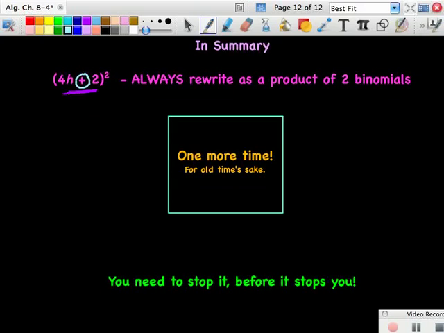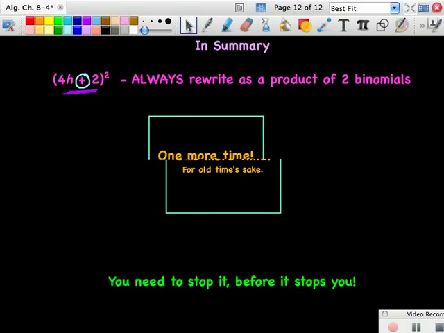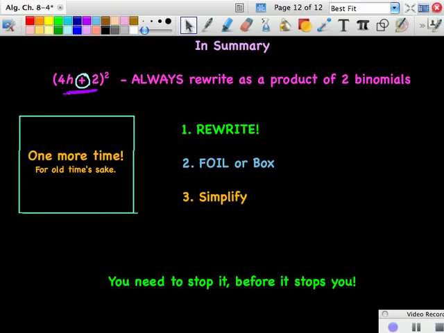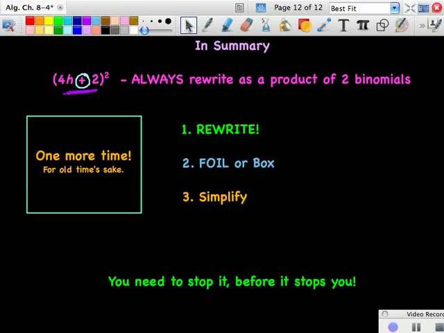Can you handle it? Rewrite, FOIL, or box, and then simplify. Always do it. If you do that every time, you are guaranteed to be ridiculously successful. Alright? So listen, and this is very important, my last piece of advice. You need to stop it before it stops you.